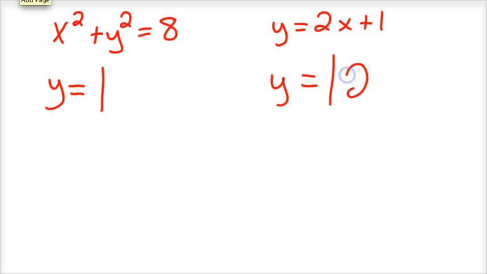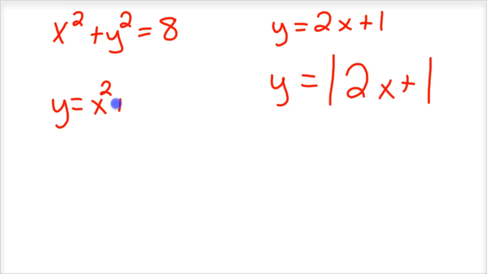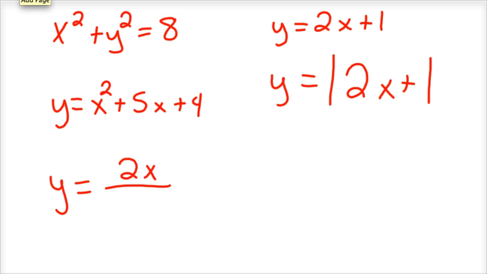Let's say I had the absolute value of 2x plus 1 as the next rule, or relation. Or you could have something like y equals x squared plus 5x plus 4, a quadratic. Or you might have a rational equation like this: 2x over (x plus 5)(x minus 2).